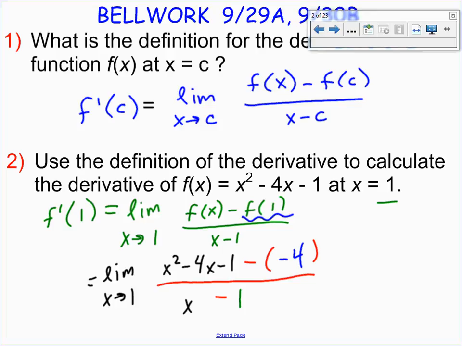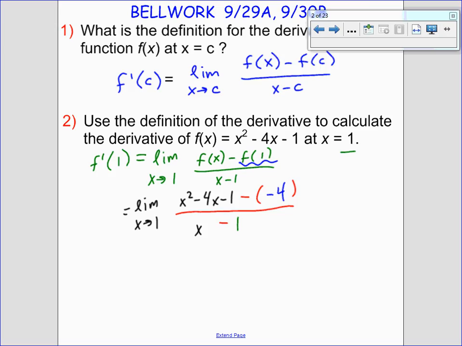All right. If I were to try to evaluate through direct substitution, I know I'll get a 0 on the bottom of a fraction, and that's undefined. So I'm hopeful that with some algebra, we'll be able to rewrite this in such a manner that my x value of concern, namely c equals 1, is in the domain of my expression. So let's try. Let's consider the limit as x approaches 1 of x squared minus 4x minus 1 plus a negative 4.